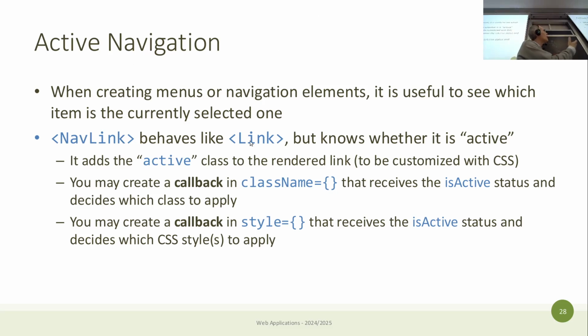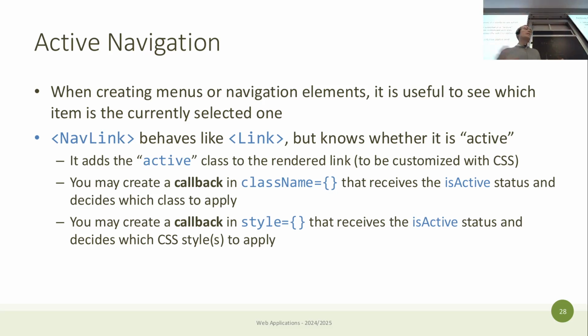So there are convenient components in the React Router library. Instead of Link, there's a NavLink. The difference is that it recognizes which URL is currently selected, and it applies an active class to the class attribute, which is handled by some CSS and displays in a different way.